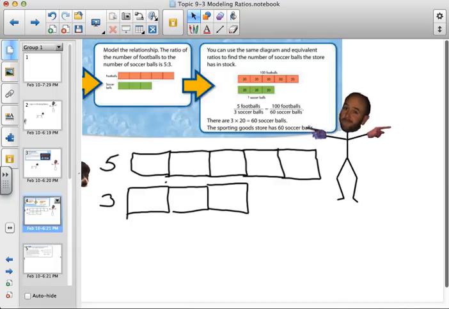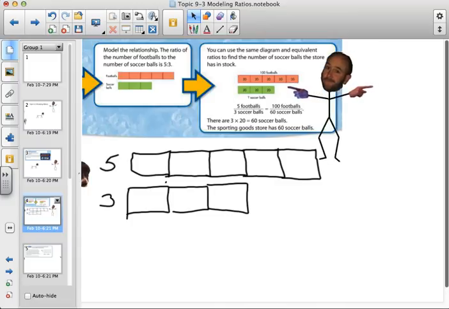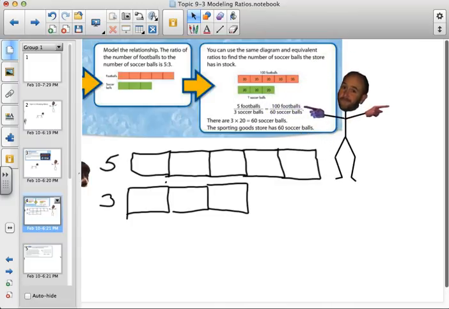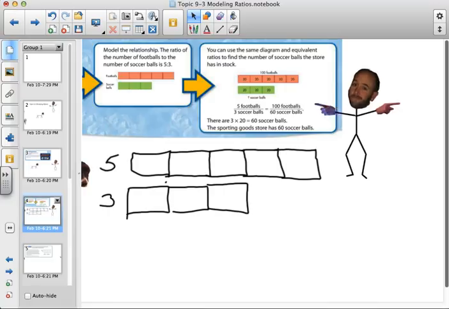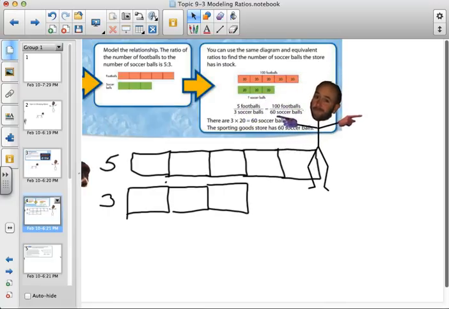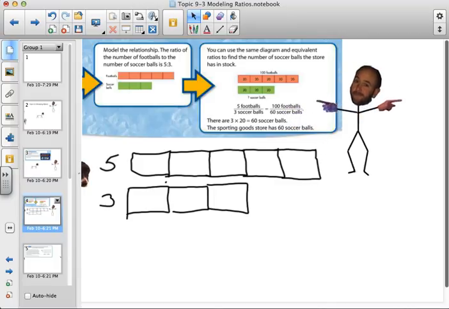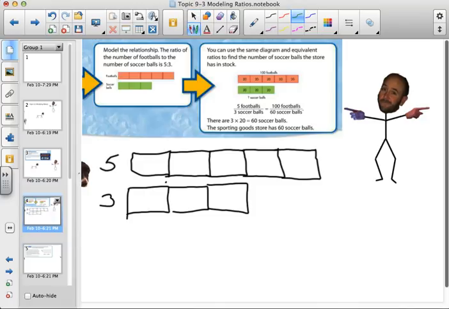Then you'd want to ask yourself, well, okay, how many total footballs do we have? Because we know that we have 100 footballs, and so our ratio is going to go from 5 to 3 to 100 compared to something else. Well, in this case, we know it's 60, because if we take 100 footballs and we divide 100 by 5, we get 20. Bing!